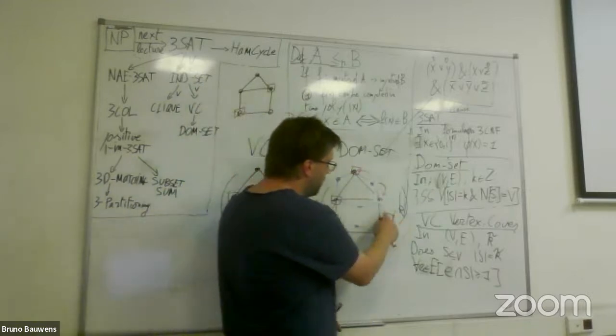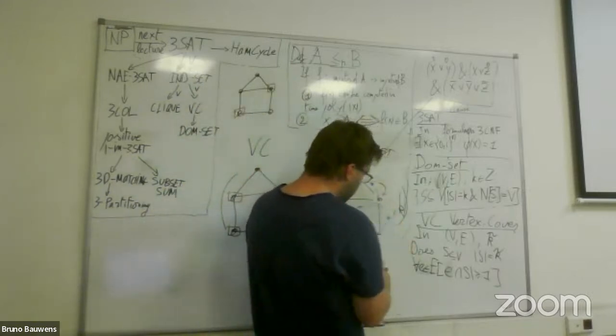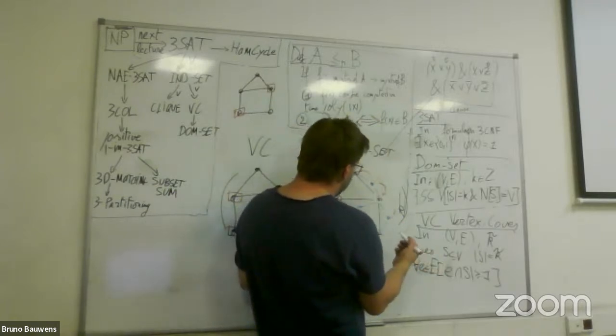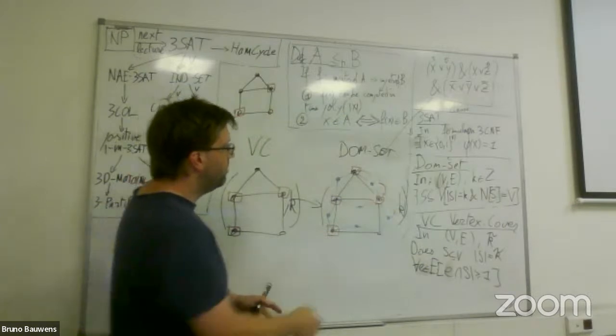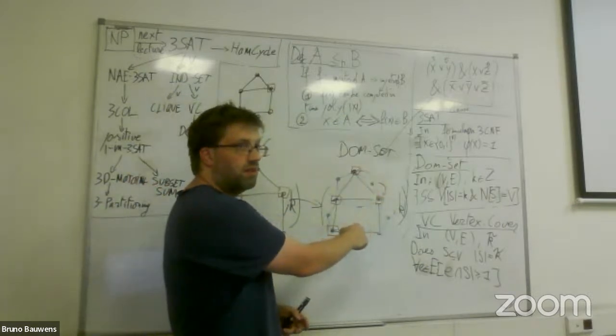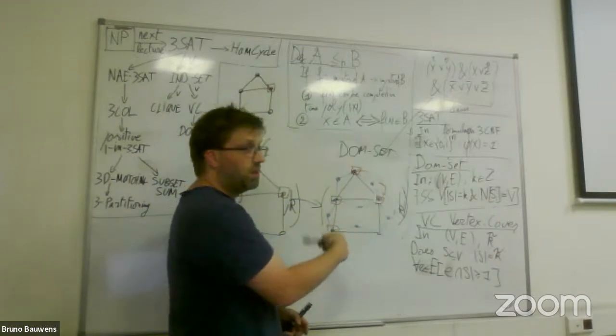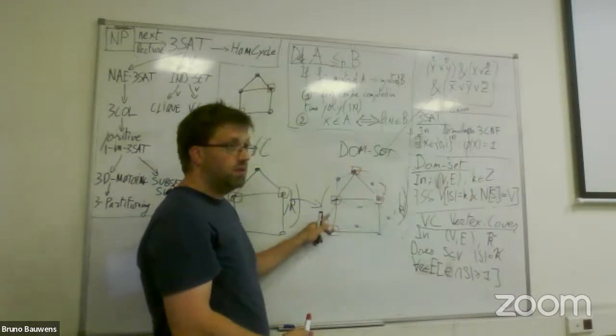Okay, now the other one we can also move to just any place, for example, here. And then we have a vertex cover here. Why do we have a vertex cover? Because all blue nodes need to be covered.